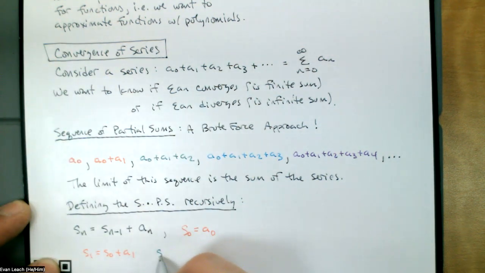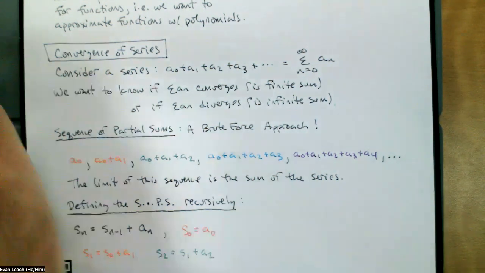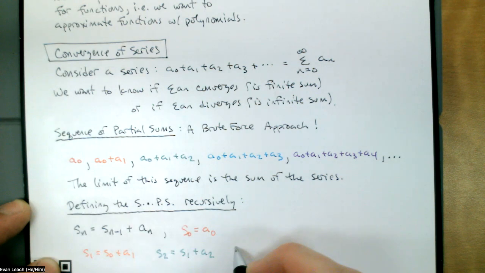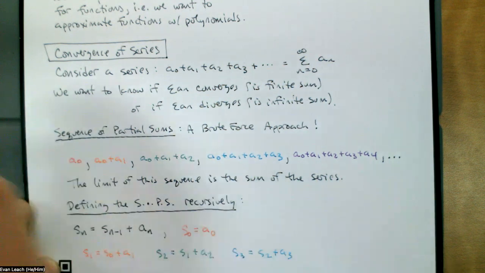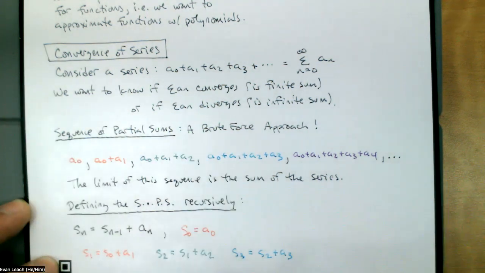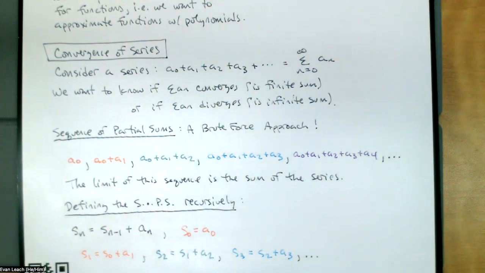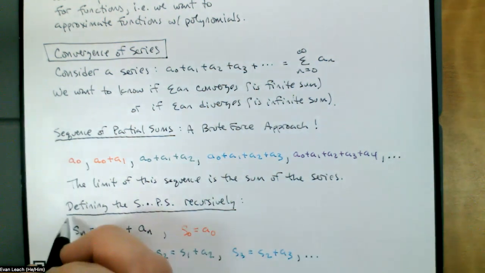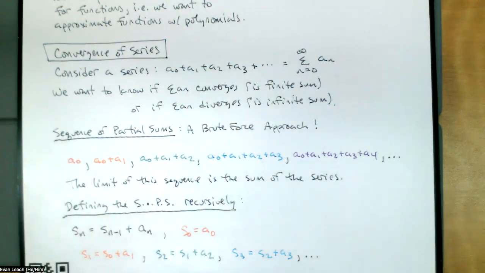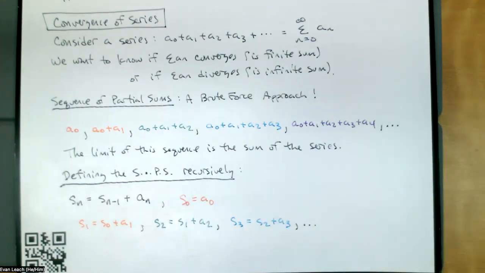S2 will be S1 plus A2. S3 will be S2 plus A3, and so on. So this is another way that we define sequences: a sequence in terms of early terms.